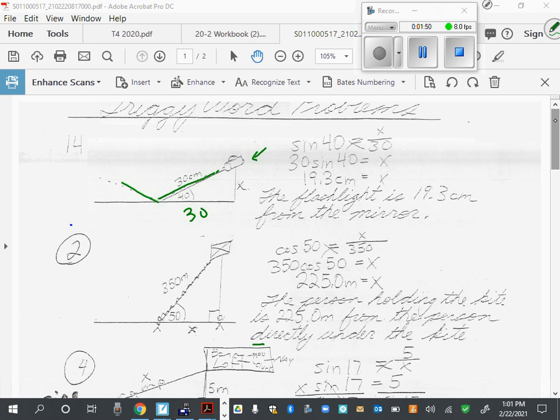So I want everyone to write down this is the horizontal distance, and this is the vertical distance it would be from the ground. So you need to know those two words: horizontal, straight left to right; vertical, straight up and down. Now, if this was a ramp, this would be the length of the ramp. If this is a scuba diver, this is how far the scuba diver swam.